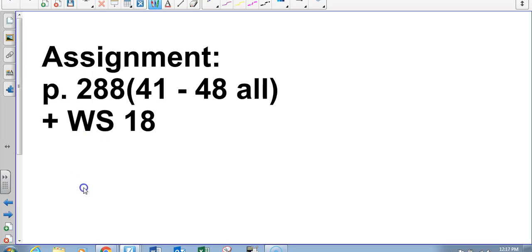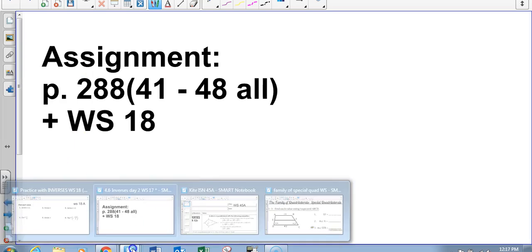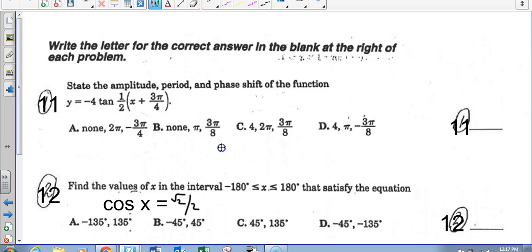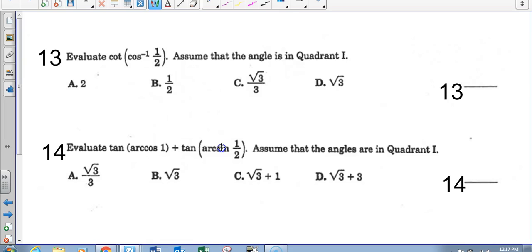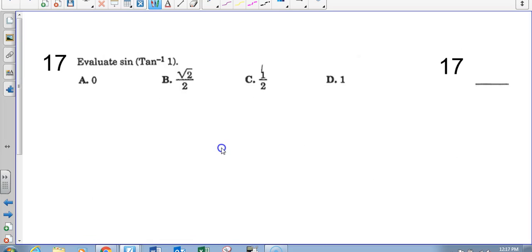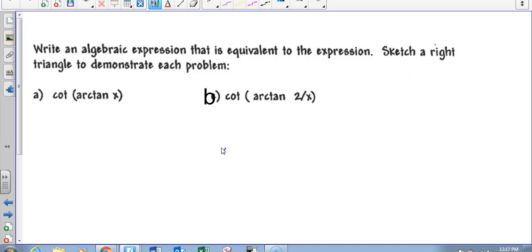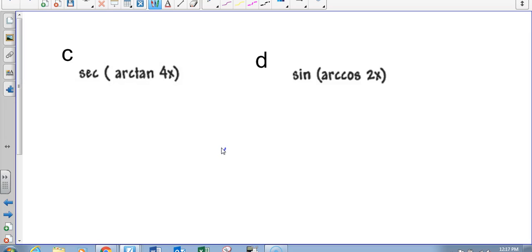Before I stop recording, I want to do an example or two off worksheet 18 for the people at home. You guys got out worksheet 18? Yeah. Okay. There's a few tricky questions, but I want you to try these and struggle a little bit on your own. Can we look at, I think on C, I gave you a hint already on your notes, did I?